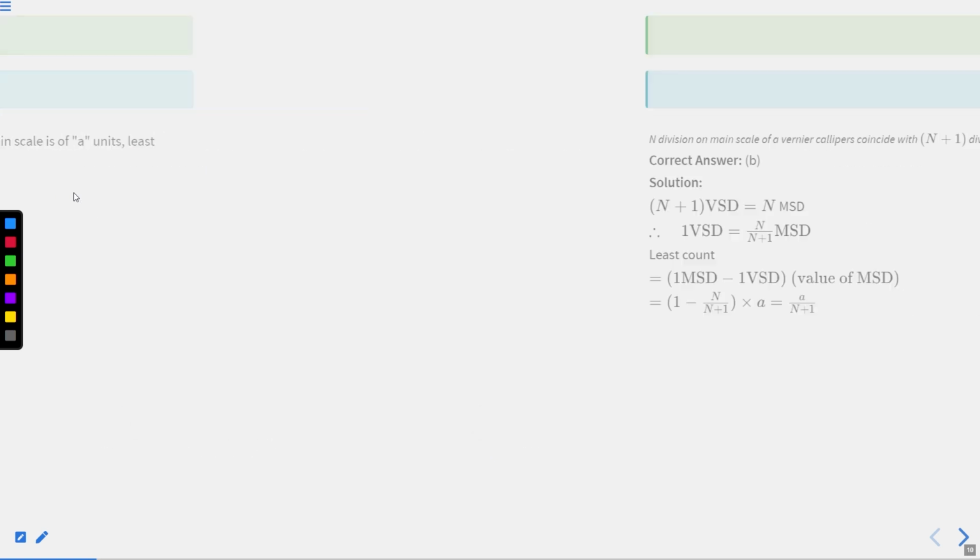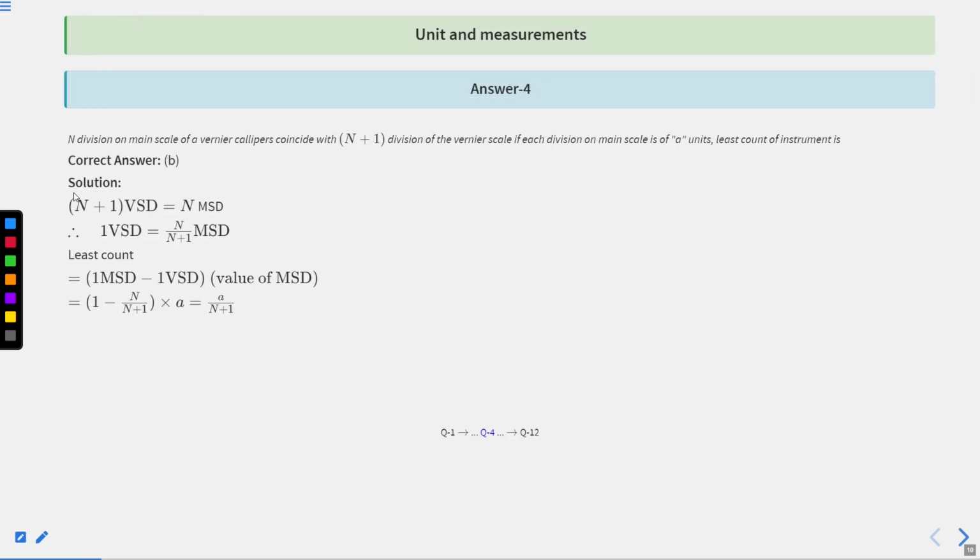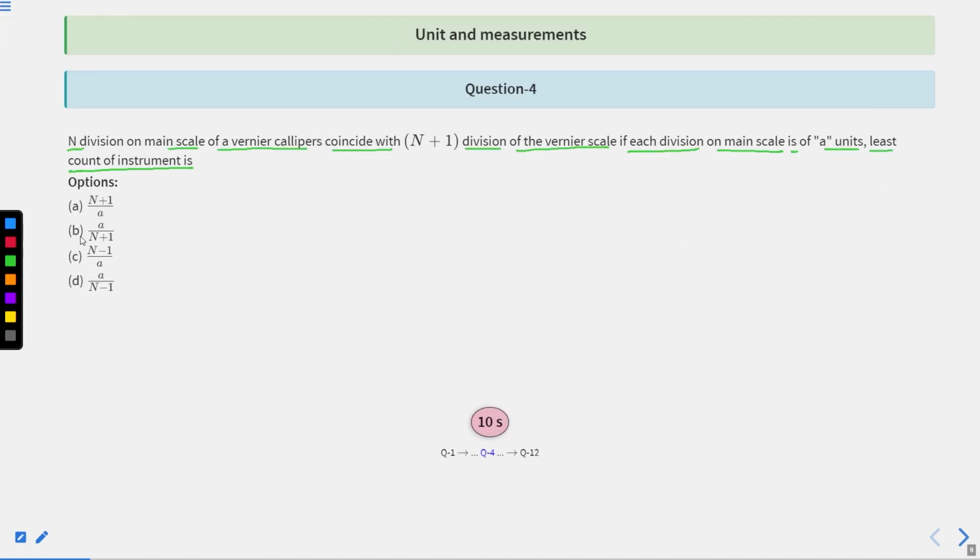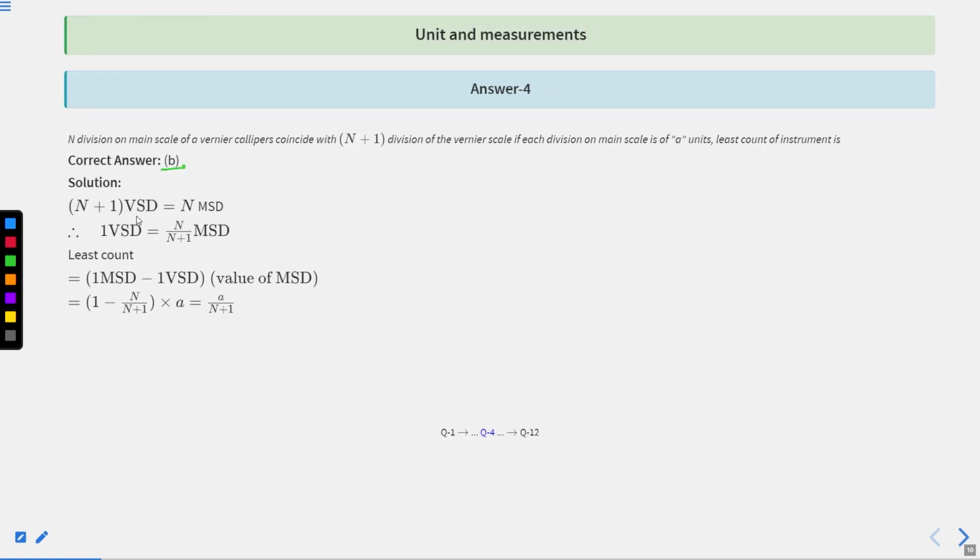Let's find a solution. The question asked for the least count. Correct answer is B, A upon n plus 1. The solution is n plus 1 VSD is equal to n MSD. So 1 VSD equals n divided by n plus 1 MSD.